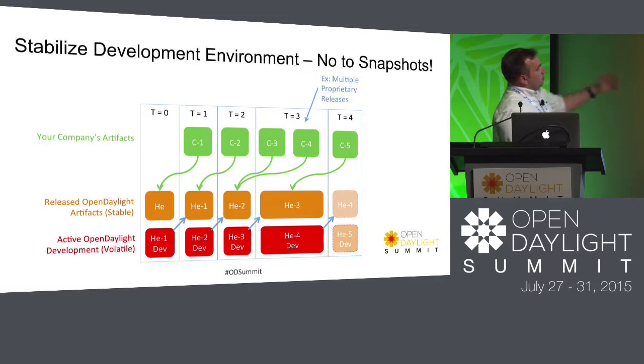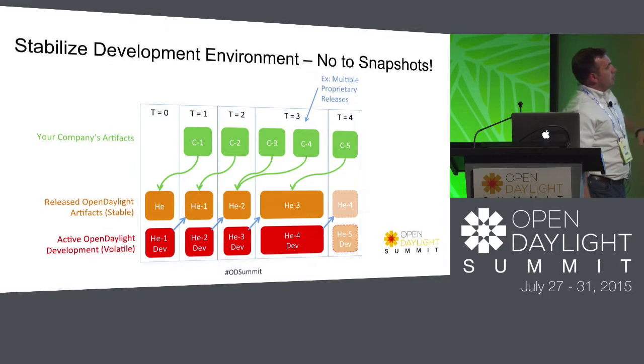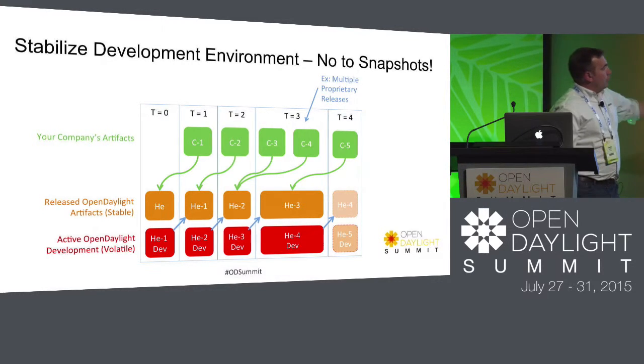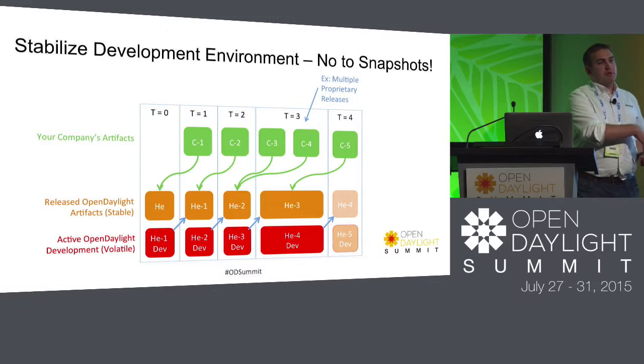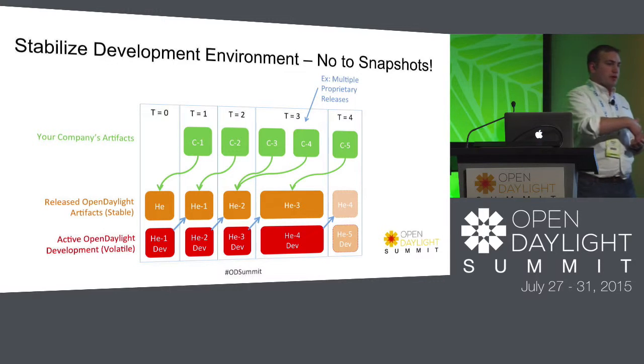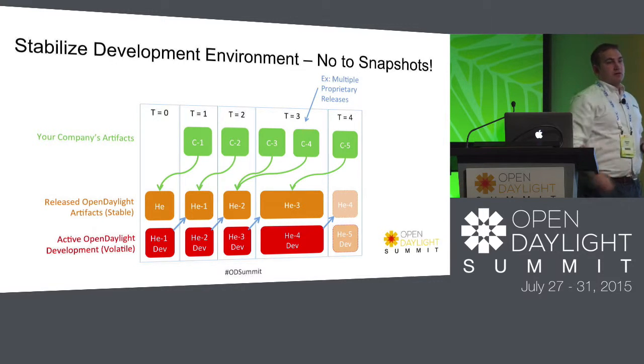Just to illustrate the point I made, this is generally how we do our process, where we're writing our application against the release version of Helium. For example, at time 1, Helium has been released. Helium SR1 is under development. We're not building against Helium SR1; we're building against Helium. We wait until Helium SR1 is finally released, then we update our product and release it based on that.